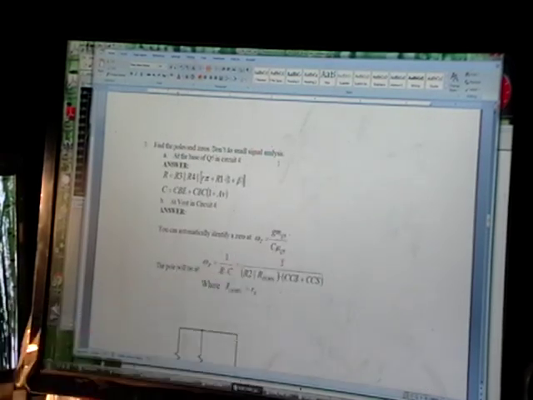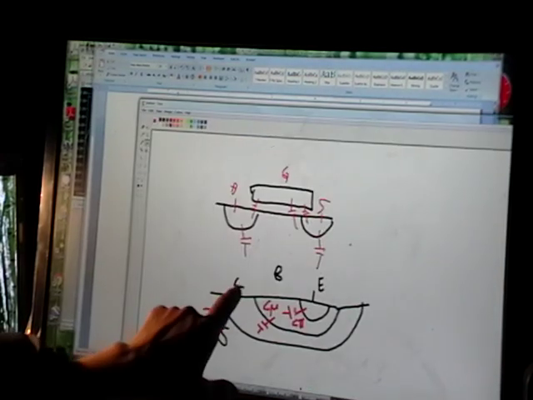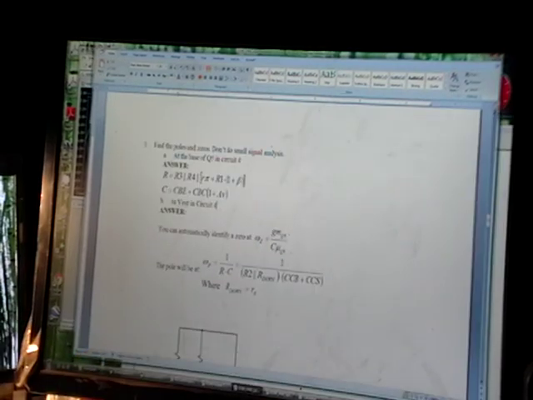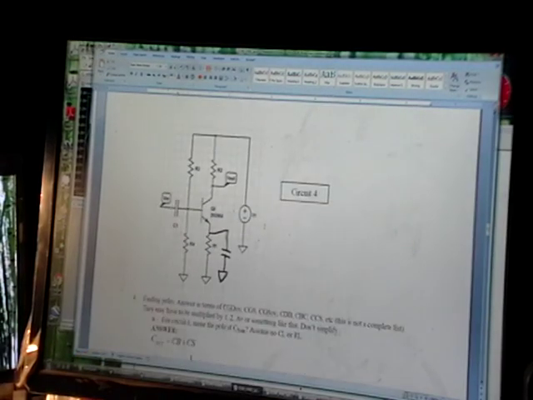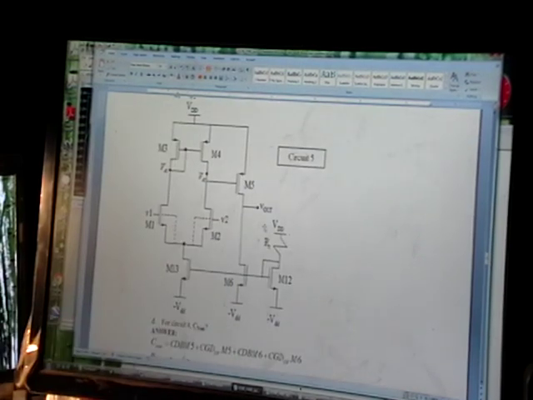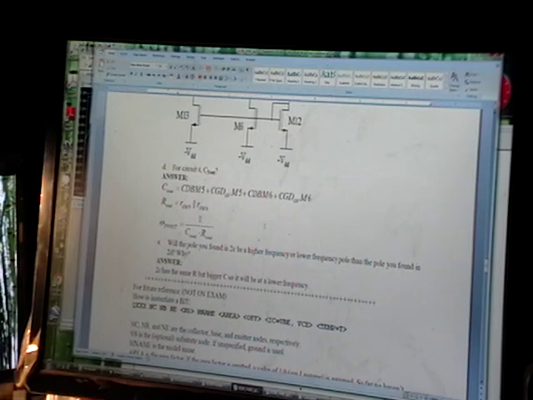This is GM over C, it's not C mu anymore. Remember, C mu is from the base to the collector. It's gate to drain on this one. Gate to drain on the MOSFET. So I'll leave that one for you to do.